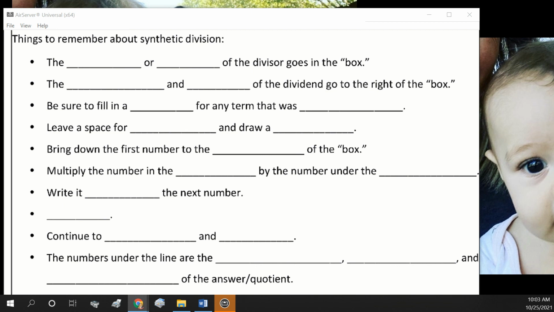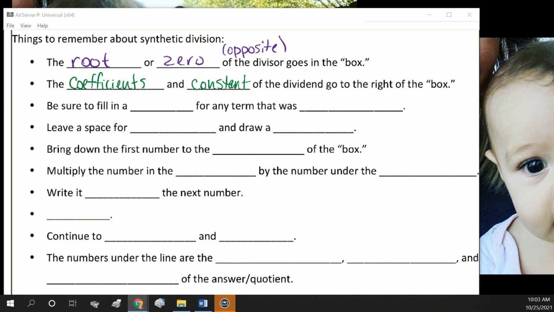All right, so the root or zero of the divisor goes in the box. But basically what you guys usually think of is just the opposite. Right? Then the coefficients and constant of the dividend go to the right of the box.